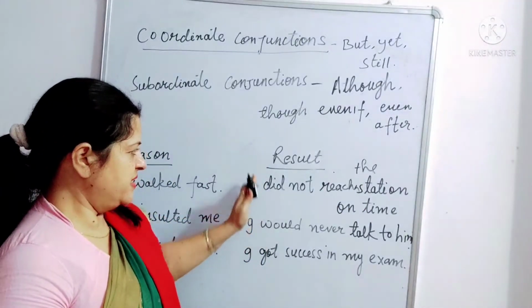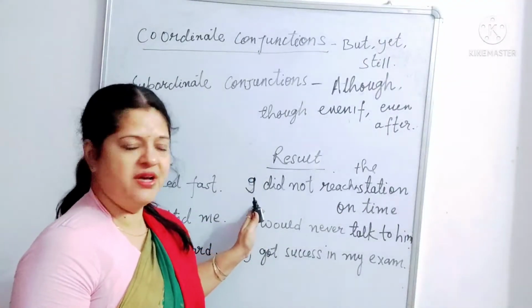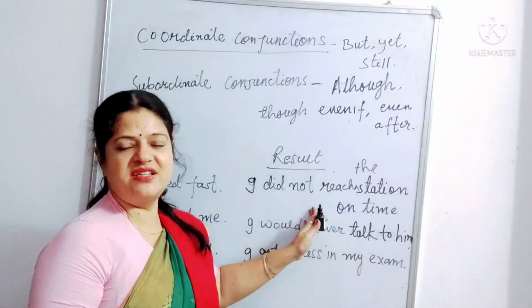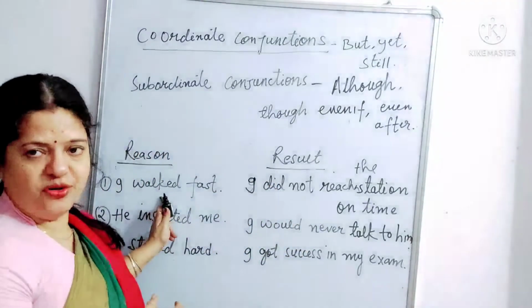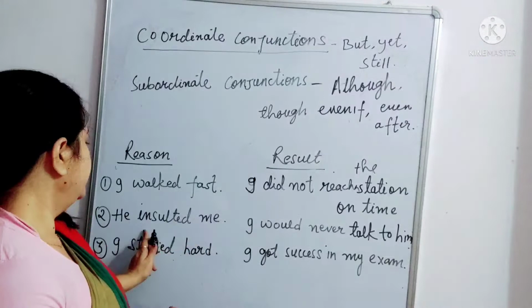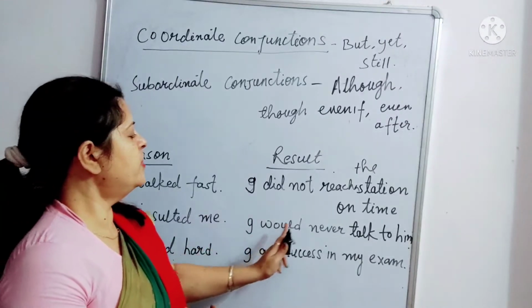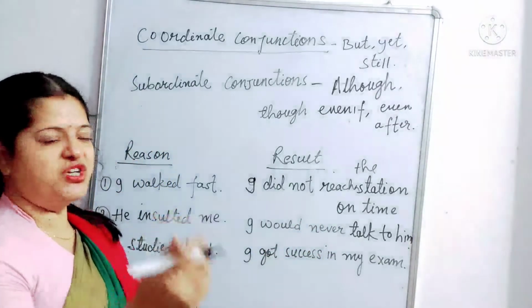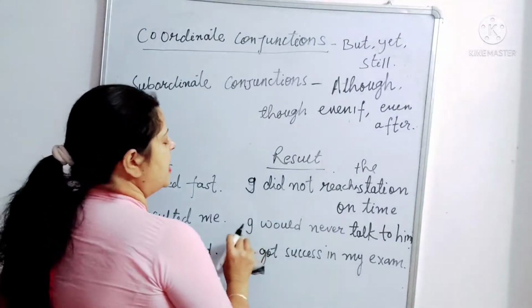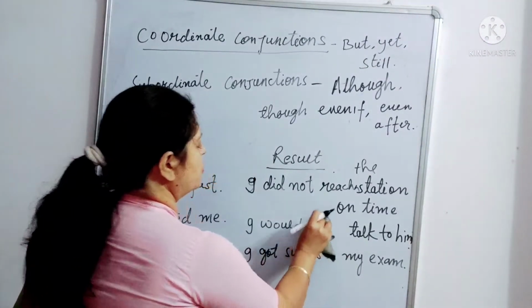Now these sentences which were showing result, I have made contrast to the reason sentences. Now second, he insulted me, I would never talk to him. Instead of writing this, I would write, I would always talk to him.